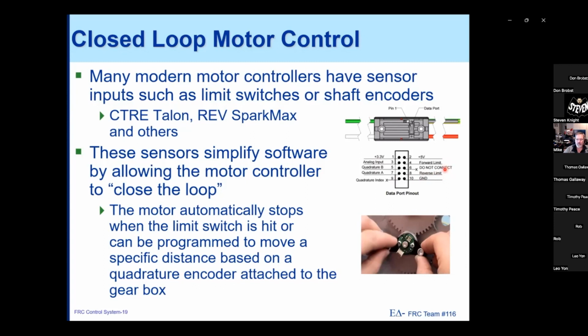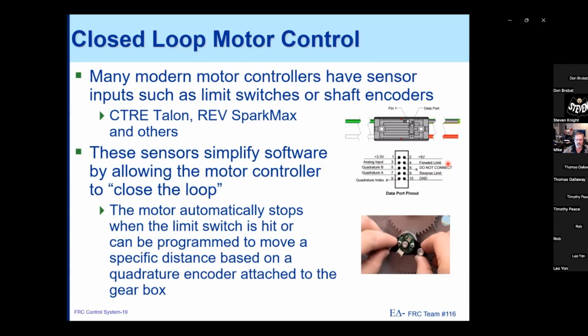The nice thing about these is that if you're using these forward or reverse limit switches, for example, you don't have to write any software in order to have the motor controller stop when the limit is hit. So if I've got a motor attached to a robot arm, and I'm lowering the robot arm, if I hit the forward limit switch, then I know to stop the motor controller.